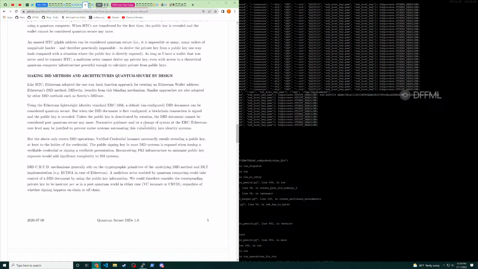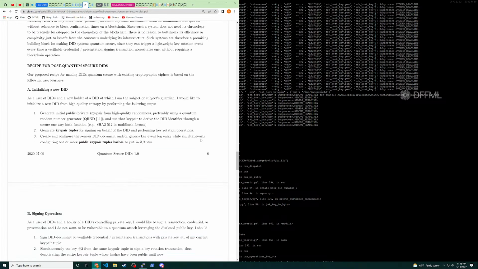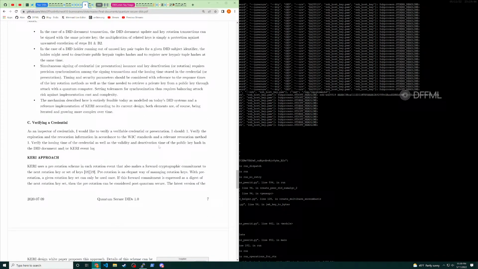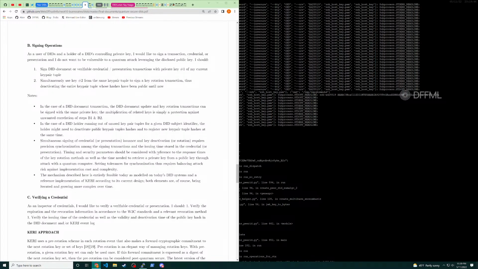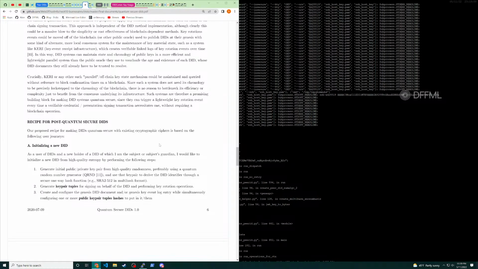Normative guidance. Oh, it's because of the quantum computers. If they know the public portion, they can break the private portion for some things, especially these shorter byte keys that they use here, like the Ed25519s, and what's the other one?